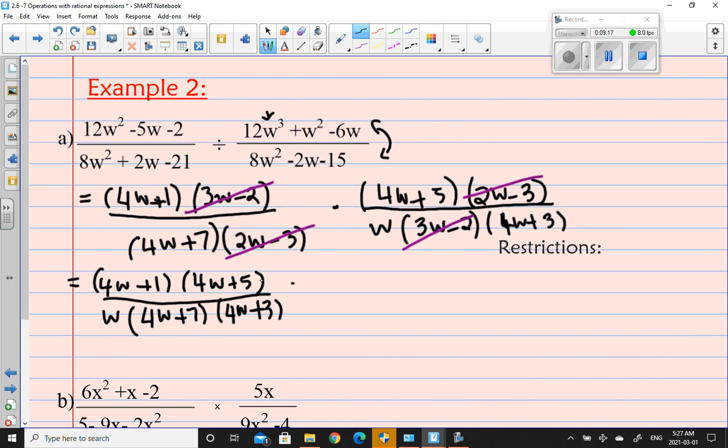And that's all you can simplify it. You can't really make that any further simplified. So you can now stop here and state the restrictions.